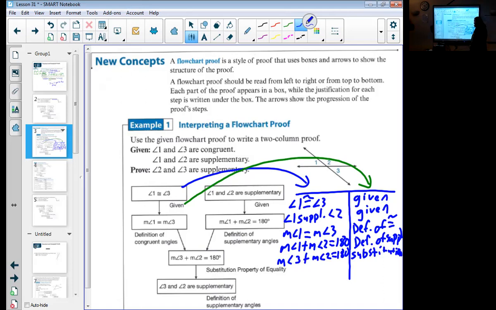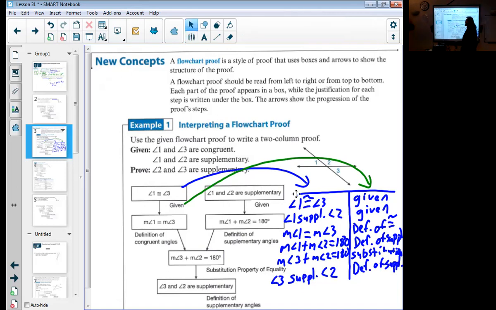So the last step is angle 3 and angle 2 are supplementary. And that is the definition of supplementary angles. So all we're doing is taking the information from the boxes and writing it into the left column, and the words into the right column.